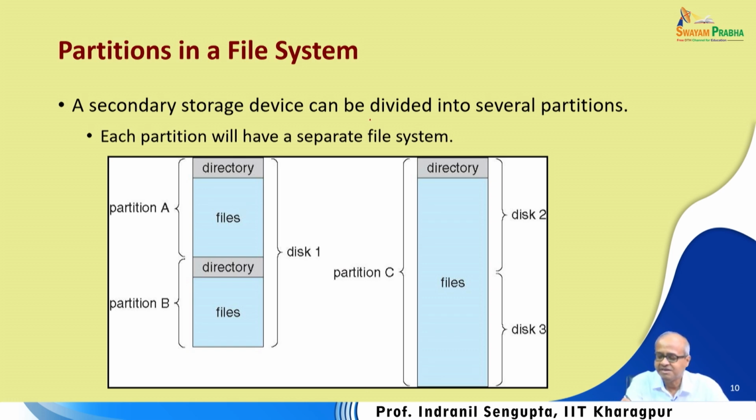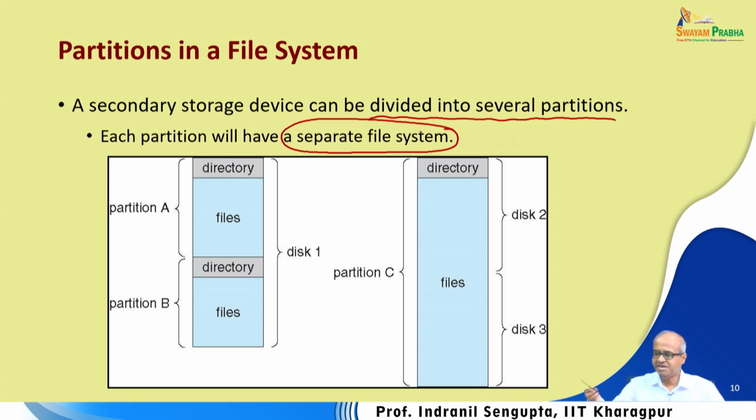So, as I said, first thing is that it can be divided into several partitions, and each partition can have a separate file system. The important thing to note is that these file systems need not be of the same type. One may be some file system under Linux, one may be NTFS under Windows, one may be some file system created under Mac OS, and so on. They can be of all different types.